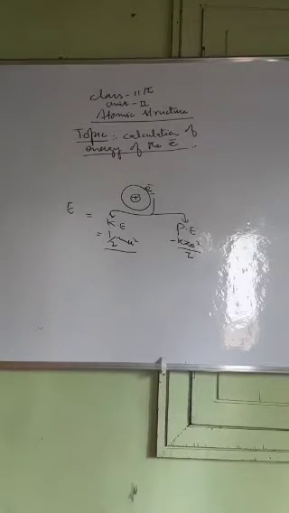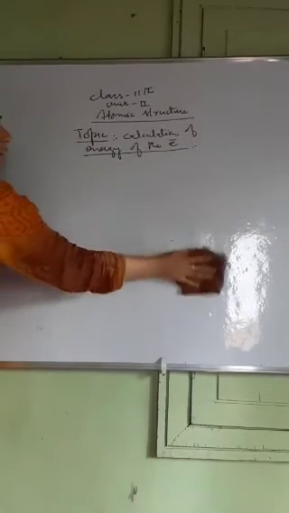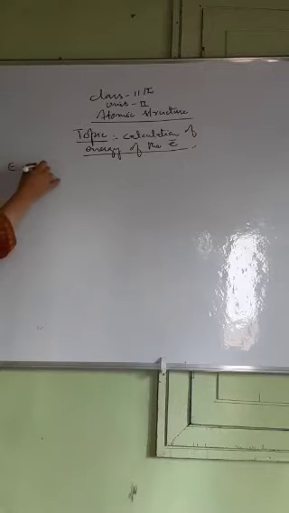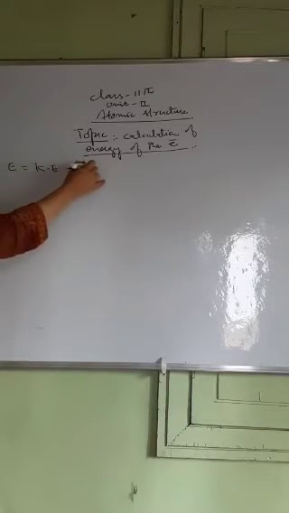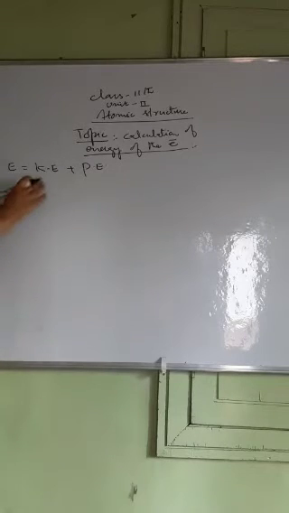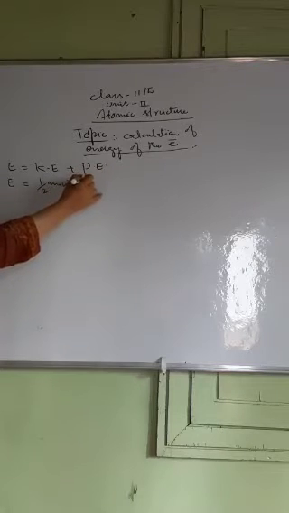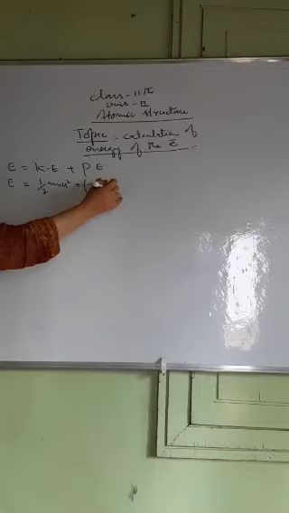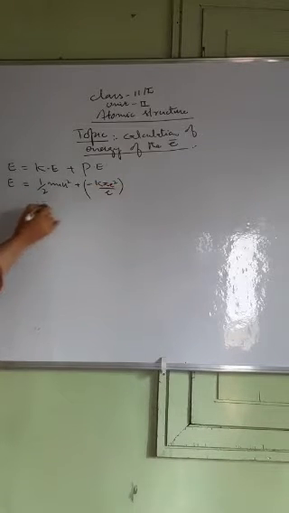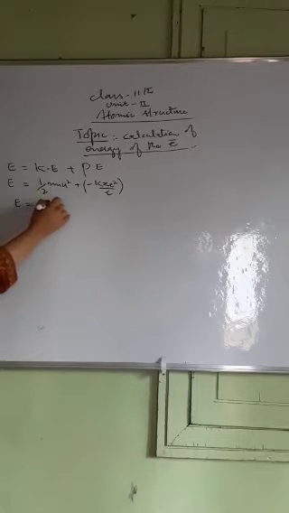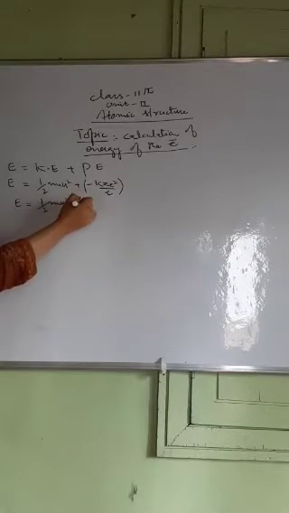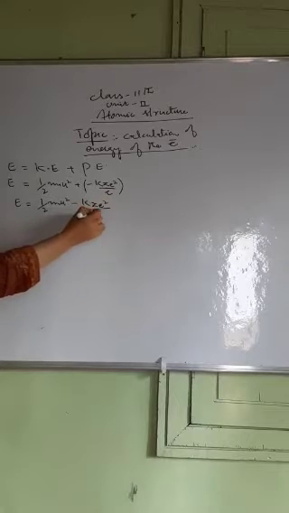So the total energy E is equal to kinetic energy plus potential energy: E is equal to 1/2 mu square plus minus k z e square divided by r.